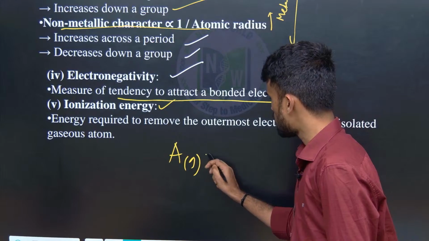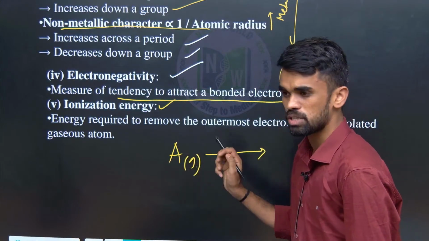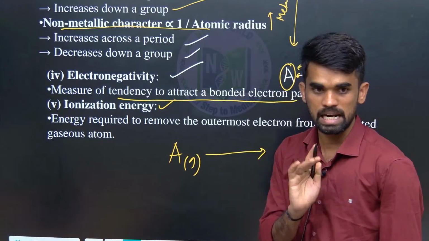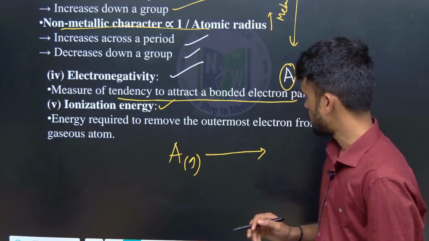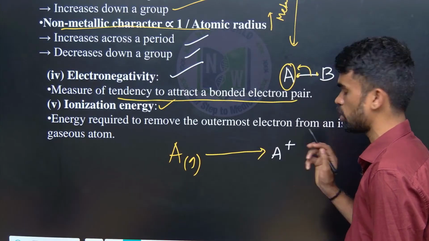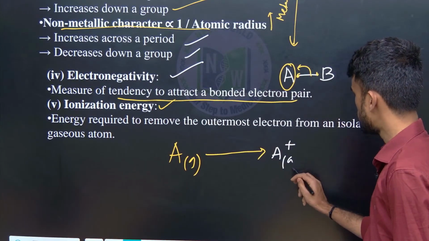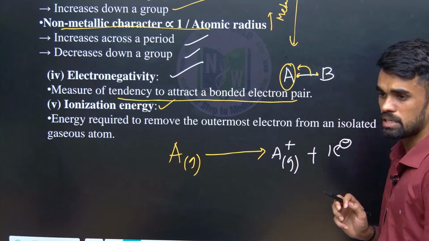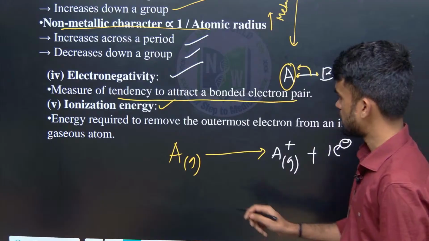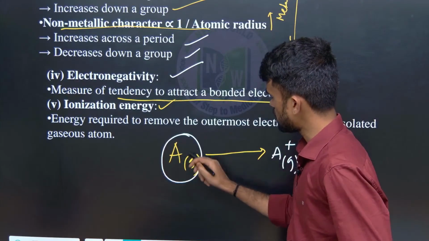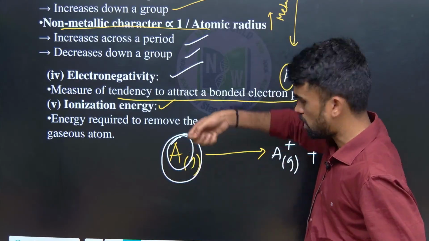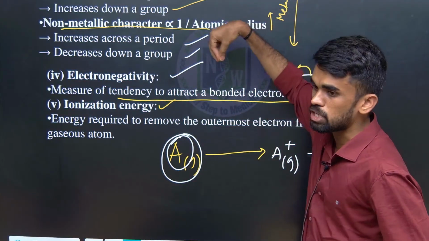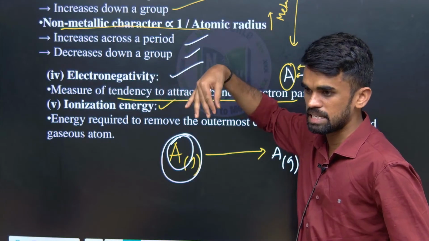Element A has some electrons, and the amount of energy required to remove one electron from its outermost shell, that will make it unipositive and one electron will be released. This process is ionization energy. From the outermost orbit we are picking out one electron. Do we need to supply energy or will it release energy?